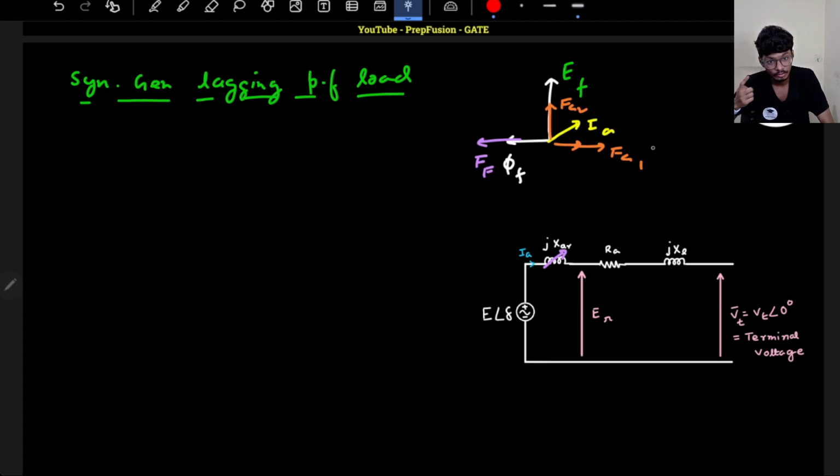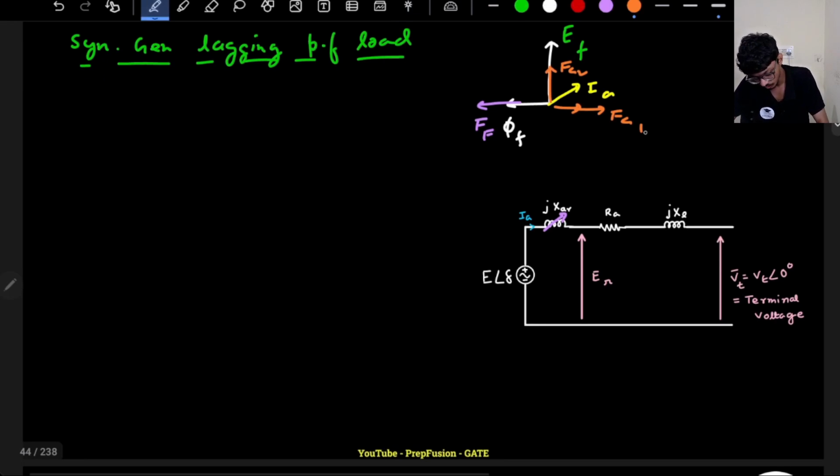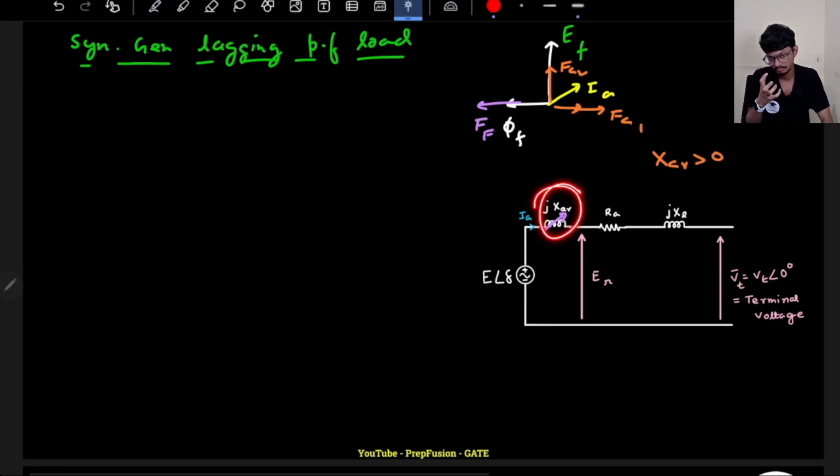Now if it is reducing the flux, what does it actually mean? Your XAR will be greater than 0, because I have to provide some flux. Whatever flux initially it was developing, some of it is getting reduced due to armature reaction.